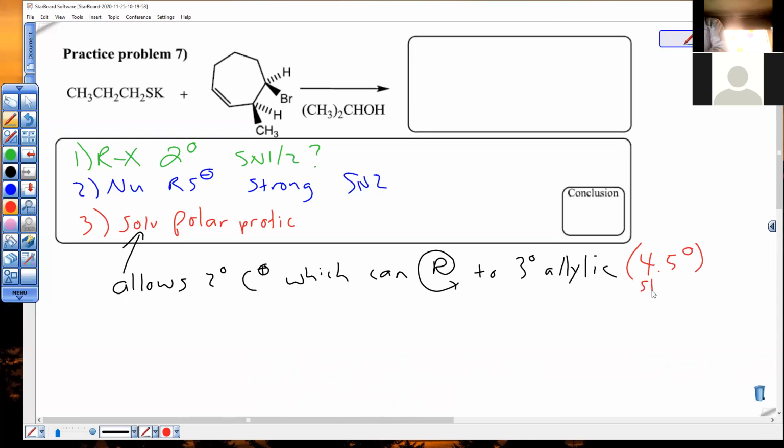Once again, it's not a quaternary and a half carbocation, its stability is as if it was a quaternary and a half carbocation. Polar protic, SN1, and SN1's happening. It overrides this because this is the bee's knees of carbocations right here.